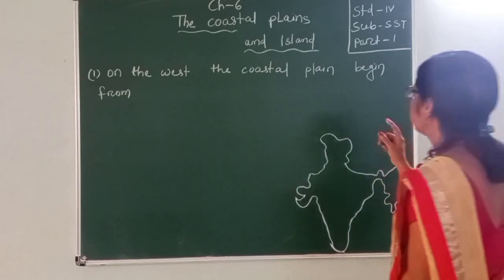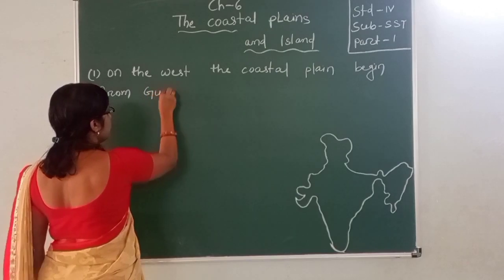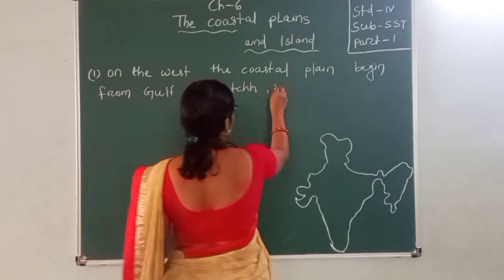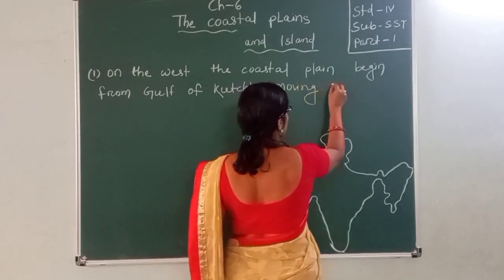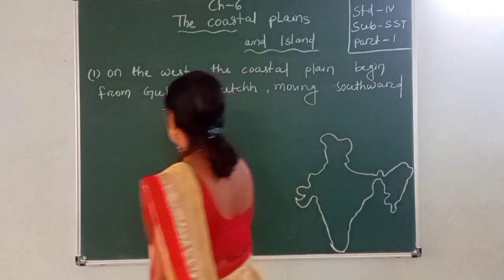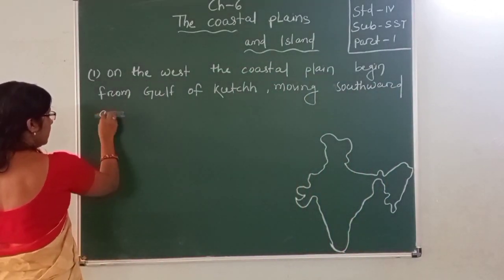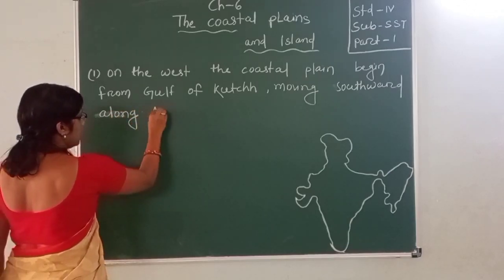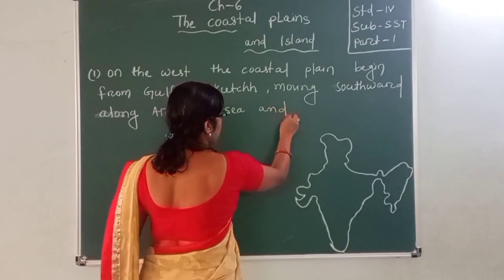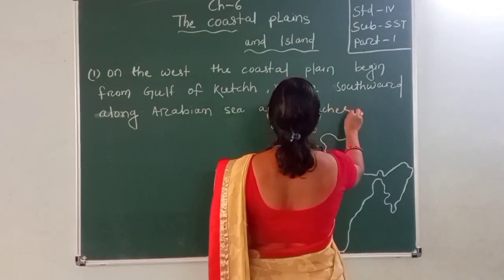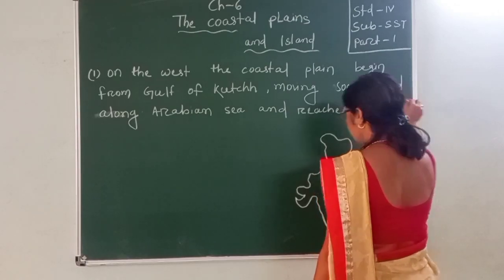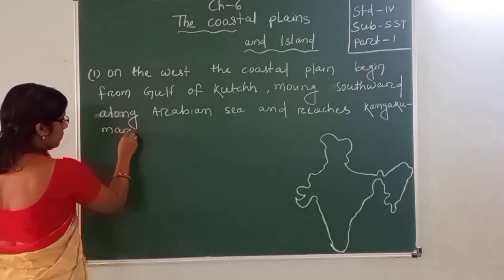So on the west, the coastal plain begins from the Gulf of Kutch, moving southwards along the Arabian Sea and reaches Kanyakumari.